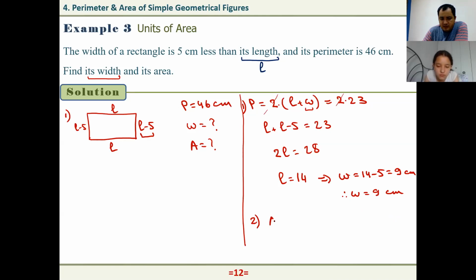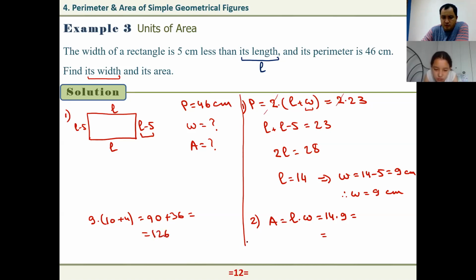Second step, area equals length times width, and length equals 14, width is equal to 9. What is 9 times 14? 9 times 14 is 9 times 10 plus 4. That's equal to 90 plus 9 times 4, 36. That is equal to 126.